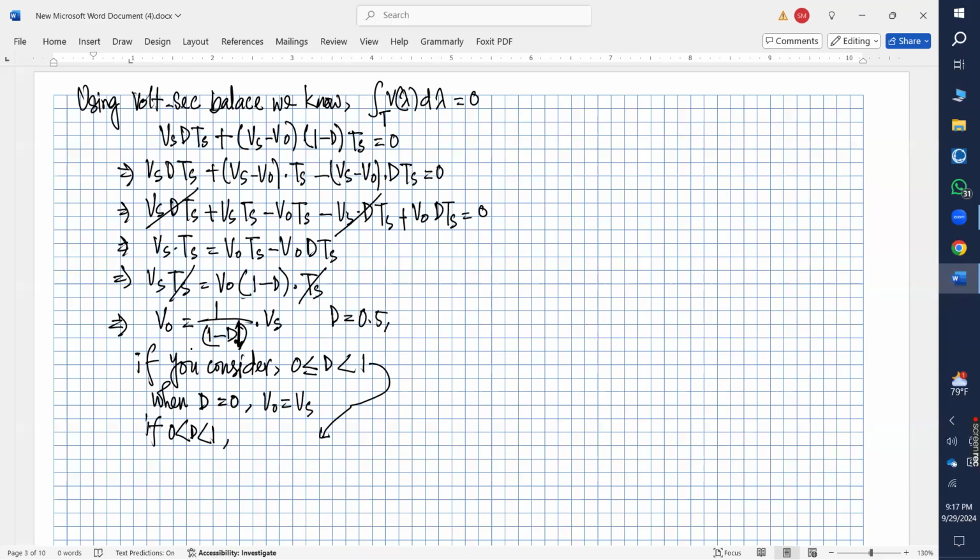V output will be 2 Vs, twice Vs. So your V output would be twice of V input, right? If you operate in this region, your V output will be greater than your V input, right?